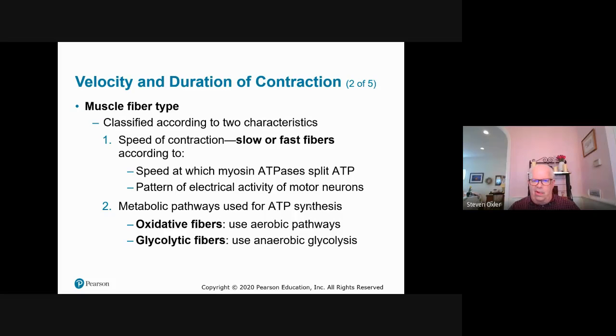And you know, in biology, energy is ATP. The speed of contraction means that you either have a slow fiber or a fast fiber. It is the speed at which the myosin protein enzymes can metabolize ATP.